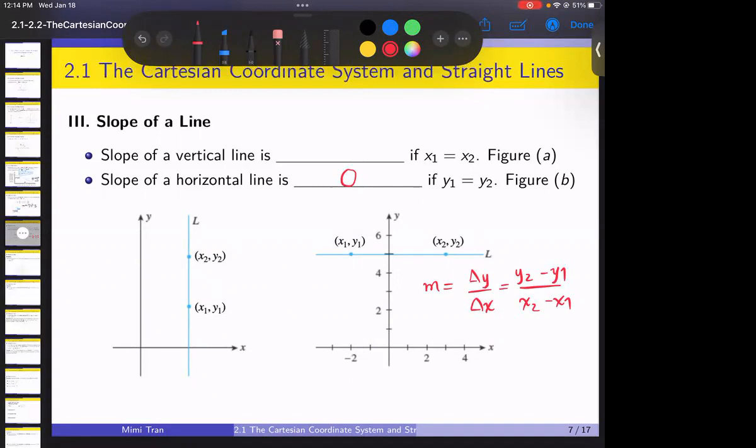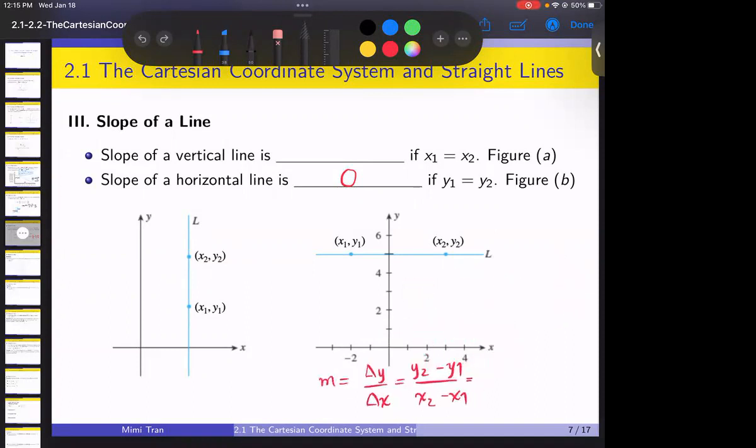So what happens to your numerator, y2 minus y1? Then this becomes 0, right? 0 over x2 minus x1. Well, I don't care what x2 and x1 are. 0 divided by anything is 0. That's why the slope is 0.